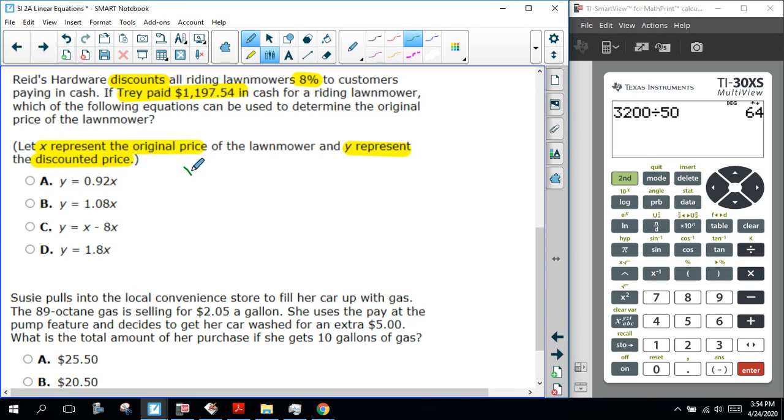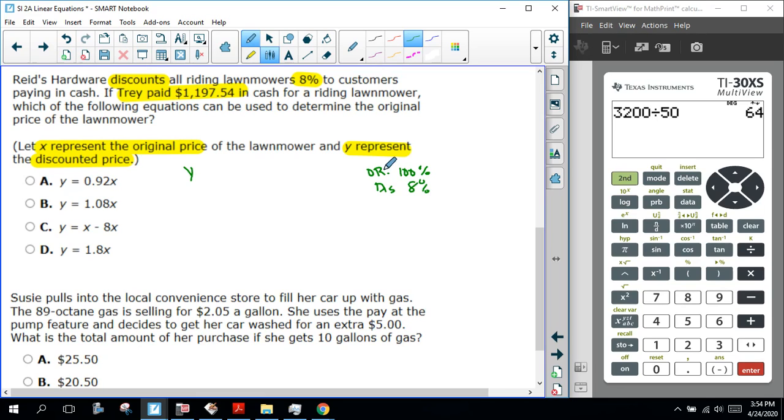Y is going to be the amount that we pay after discount. Let's take a look at that discount. Discount of 8%. And if we have a discount of 8%, the question is what percentage are we paying? Well, the original cost, I'm going to abbreviate OR, the original cost is always represented by 100%.